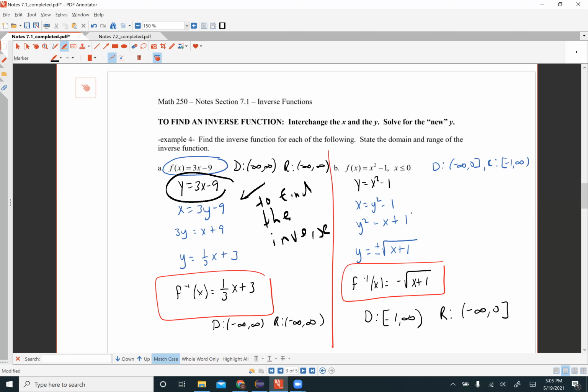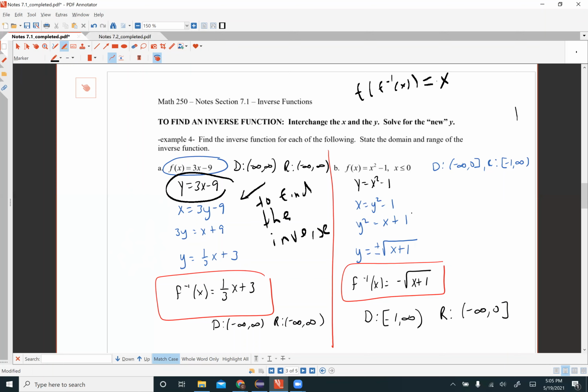Then you can try to verify that if you want. If you're not sure you have the correct answer, you verify that f inverse of f of x equals x. The original function takes x to 3x minus 9, and then you want f inverse to take 3x minus 9 back to x.